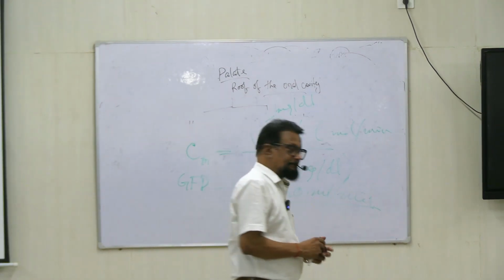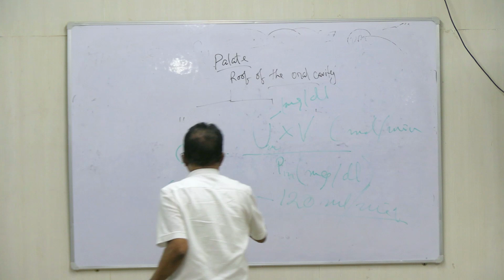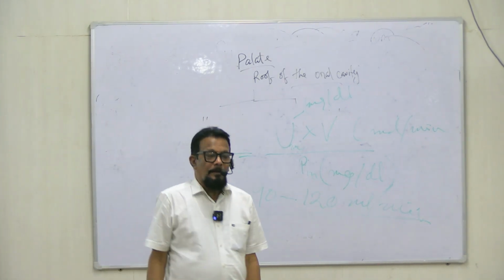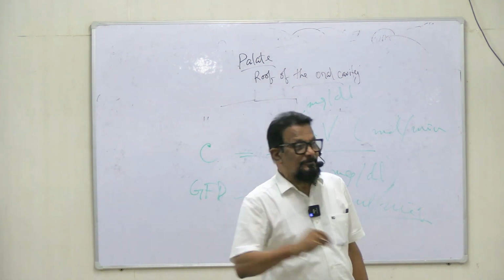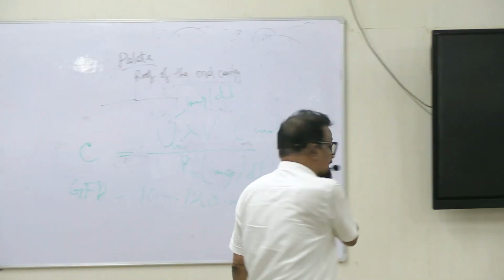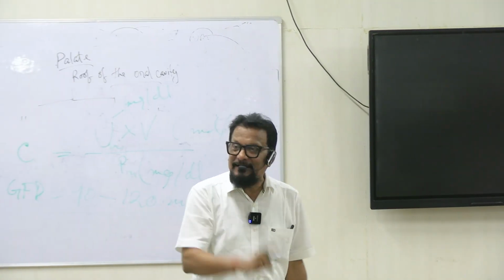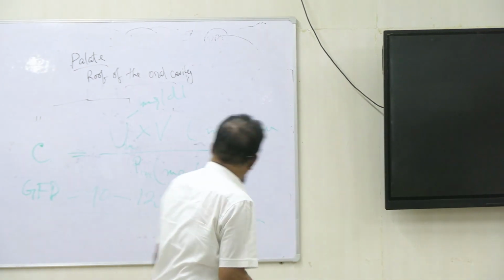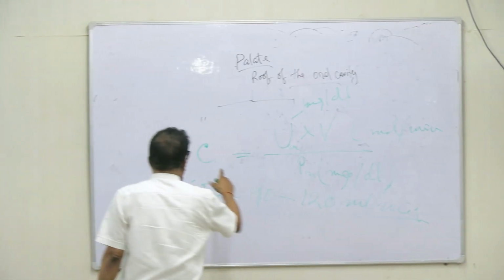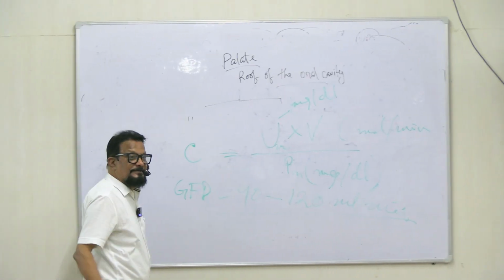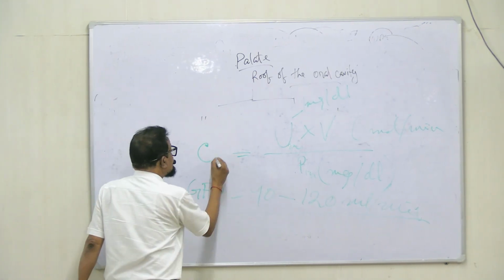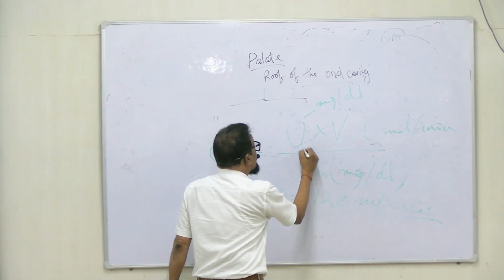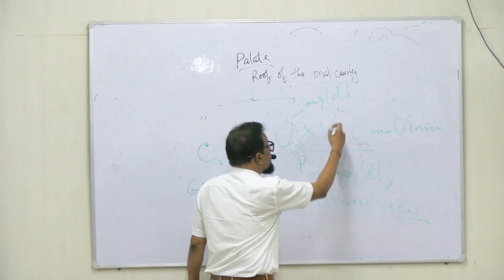But what happens? We want to measure the clearance of inulin, which is regarded as true GFR. By using the same formula, you can use clearance of creatinine, CR. So what is the concentration of creatinine in urine? What is the urine flow?